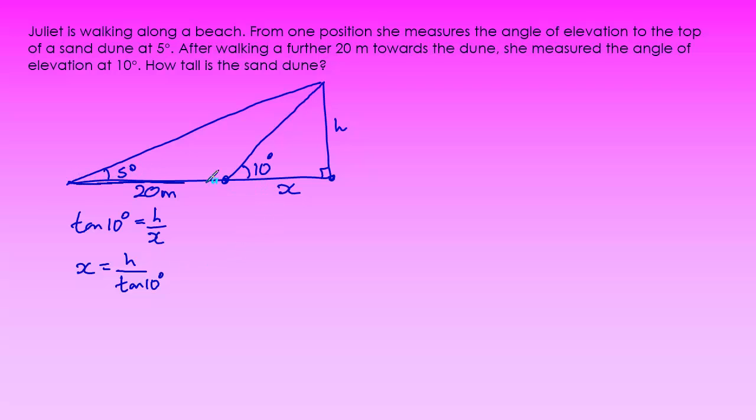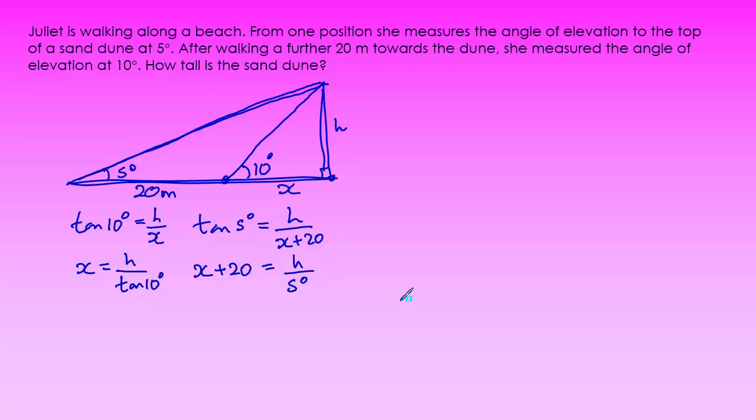Now the whole distance here would be x plus 20, and it follows that the tan of 5 degrees would be the opposite, which is h, looking at the overall triangle now, all the way around. So h over x plus 20, and therefore x plus 20, just rearranging, must be equal to h over tan of 5 degrees.